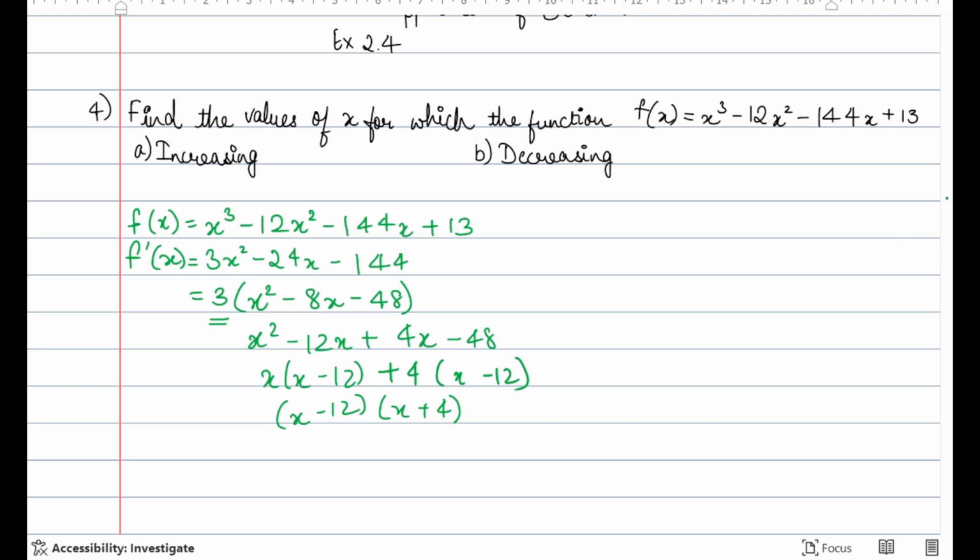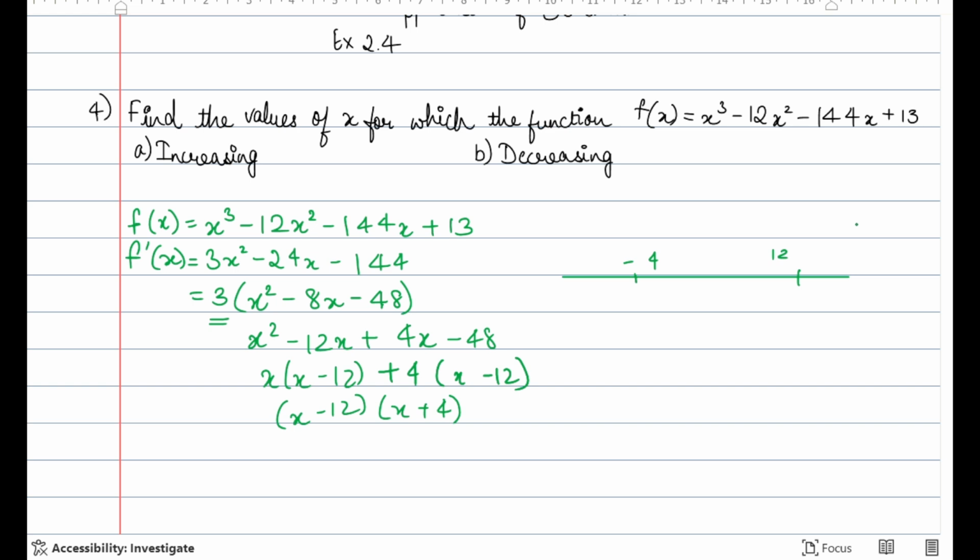Now, like I told you, we'll be making our number line. So let's make our number line right here. One number will be minus 4 and one number will be 12. So let this be minus 4, let this be 12. We all know how it went, right?